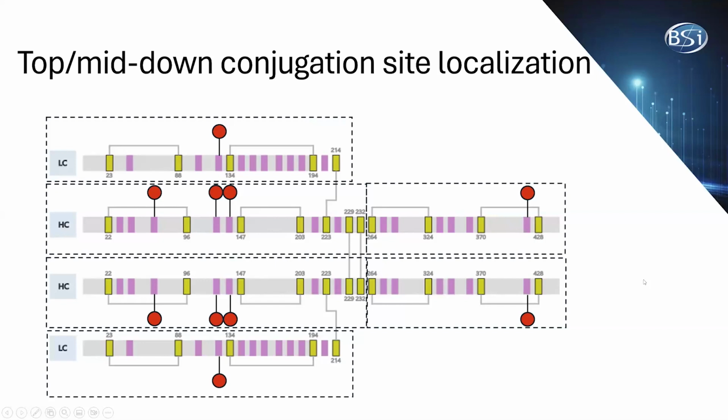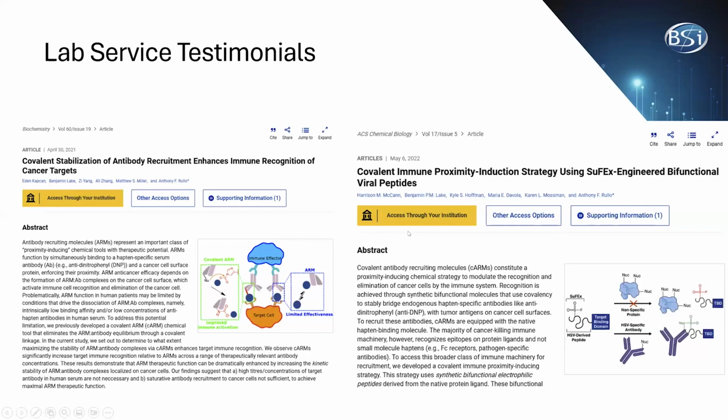And so you can combine the bottom-up data with this top-down data now to try and more accurately localize those sites and regions where you have poor top-down fragmentation. But our next steps within the lab now are to move ahead with trying different ways to improve top-down fragmentation and sequence coverage.